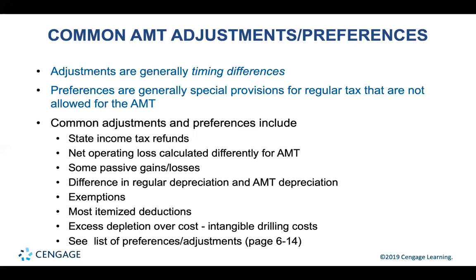Like I said, depreciation, exemptions, most itemized deductions, property tax, state income tax, and other taxes that are allowed as itemized deductions are not allowed for AMT. Excess depreciation or cost, if you have drilling costs, things like that. The whole list is there on page 614, but these are the things that you would add or subtract as AMT preferences and adjustments to get to your alternative minimum taxable income, your AMTI.